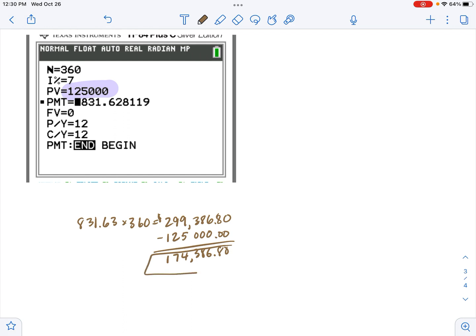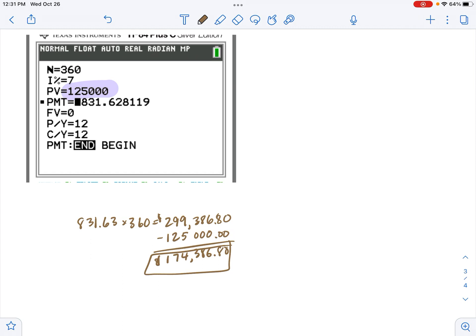And we can see that we're going to pay the bank $174,386 in fees for the bank letting us borrow the $125,000 in the first place.